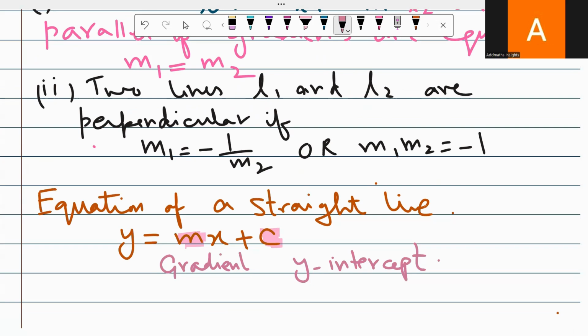Now you will learn to apply these formulae for the midpoint and the length of a line segment.